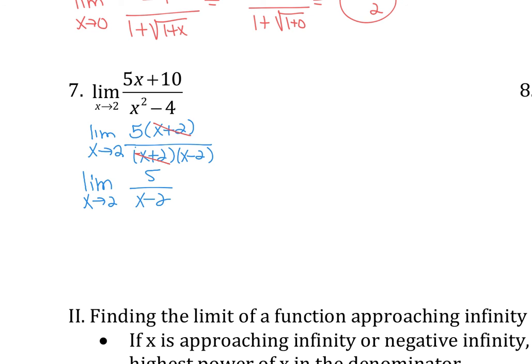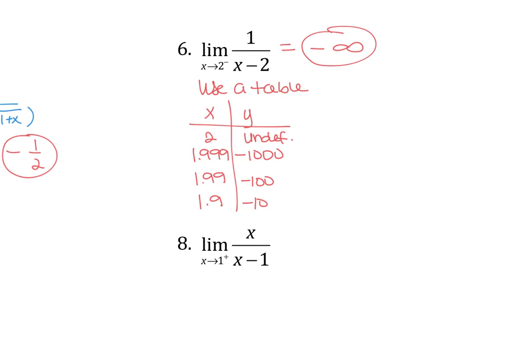So on this one, I'm going to have to use a table. There's nothing left to factor, there's nothing else to rationalize, so we use a table. This time, 2 is going to have to be in the middle. So in the last one, we only had a left-hand limit.